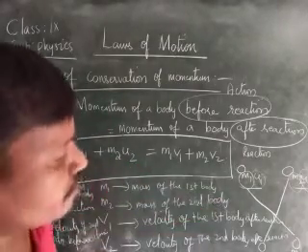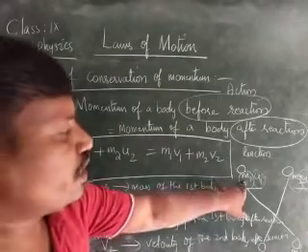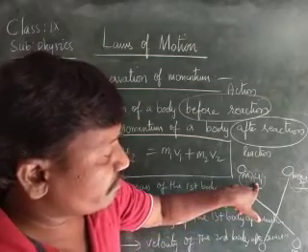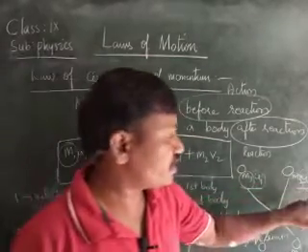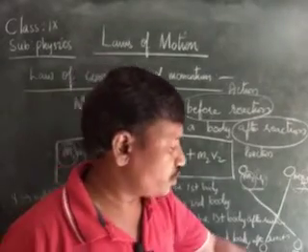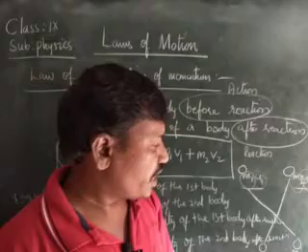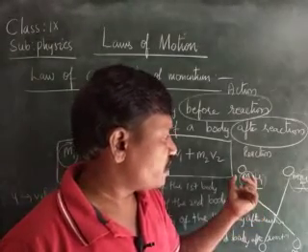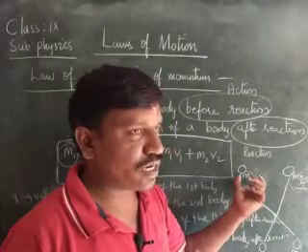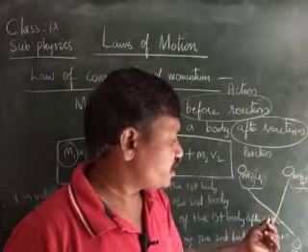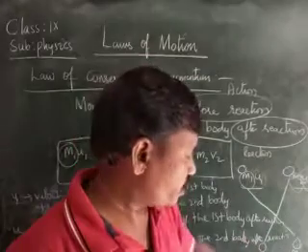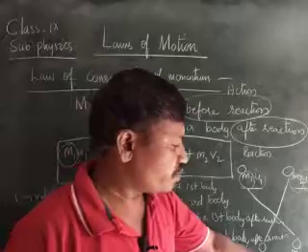Here m1 is the mass of the first body, m2 is the mass of the second body, u1 is the velocity of the first body before reaction, u2 is the velocity of the second body before reaction, v1 is the velocity of the first body after reaction, and v2 is the velocity of the second body after the reaction. When these two bodies with masses m1 and m2 moving with velocities u1 and u2 collide with each other, their velocities change after the collision, whereas the masses remain the same. Therefore they get the momentum m1v1 and m2v2.